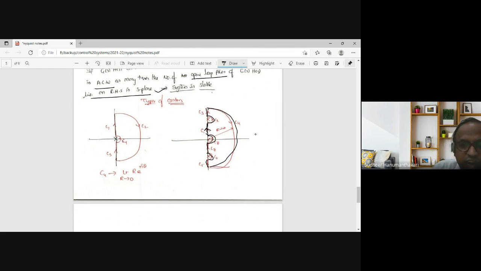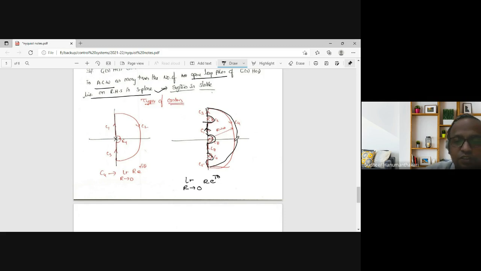Wherever you draw an arc to omit a pole on the origin, it is limit R tends to 0, R e power j theta. Here theta may not always be exactly minus 90 to plus 90; it is going to vary.